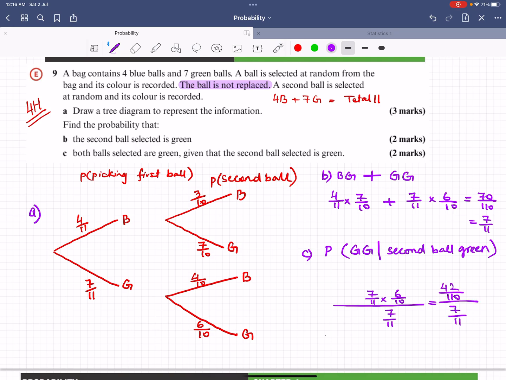We can use our calculator or do the answer directly by mental calculation. So 42 over 110 divided by 7 over 11 gives us the answer 3 by 5, which is equal to 0.6 in decimal.